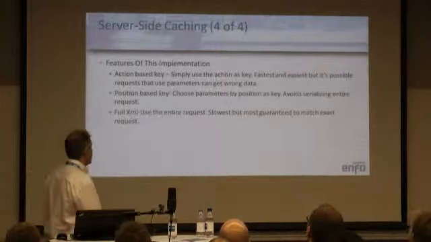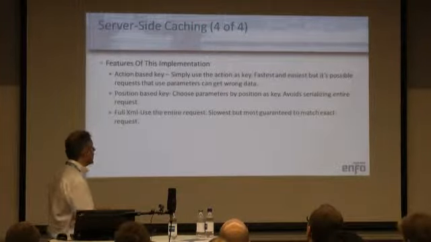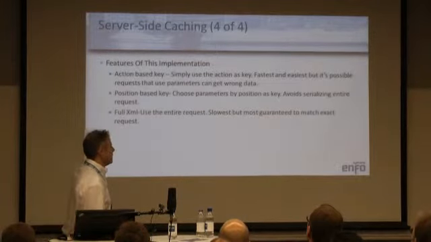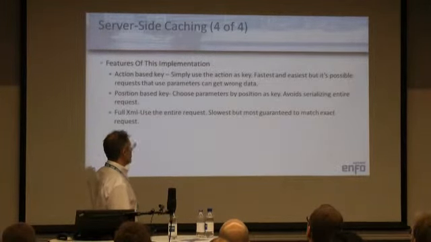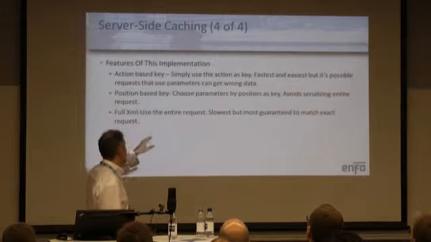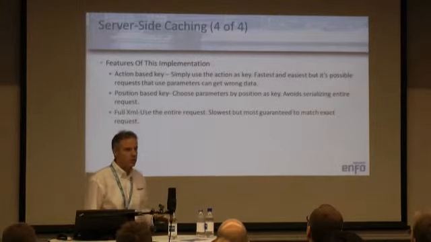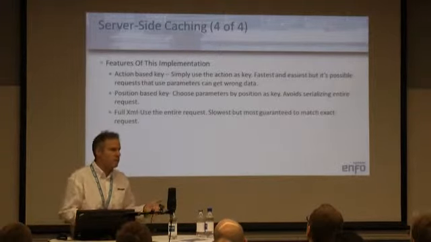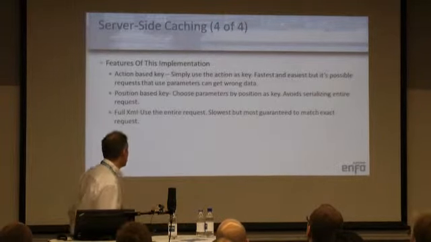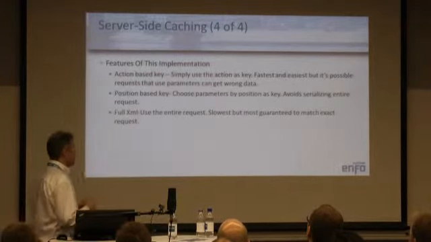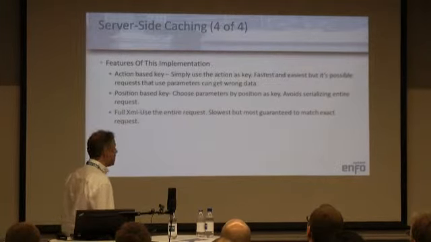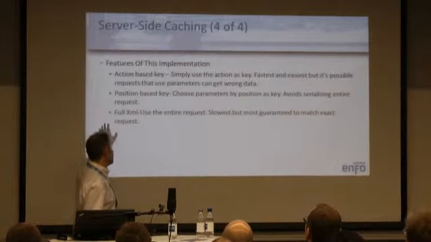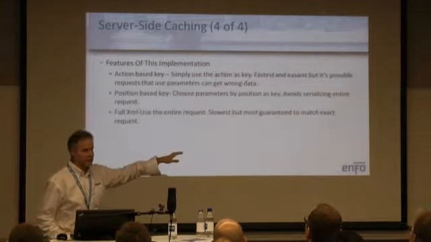Once again, in this case, it's very important how you calculate the key. If the method doesn't have any parameter, you can simply use the action of the method, because it's sufficient to individuate the response. But if the method exposes multiple parameters, you have two options. The first is using the entire XML as a key.